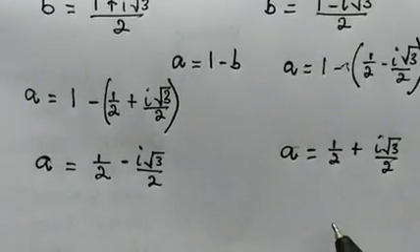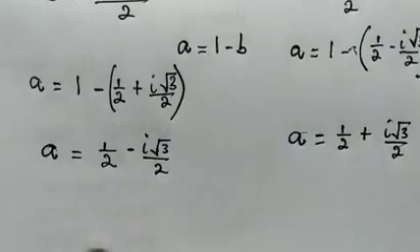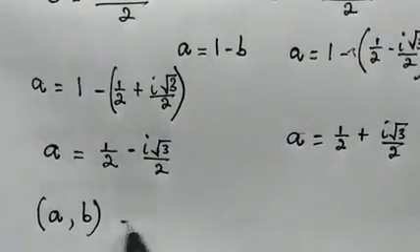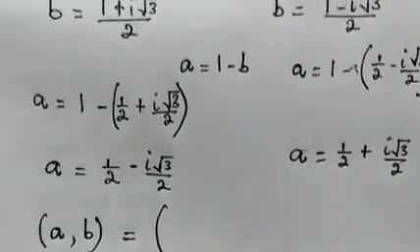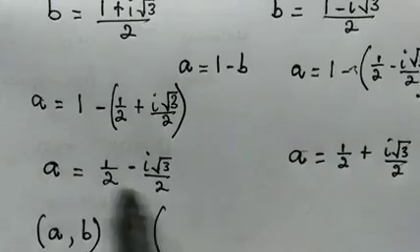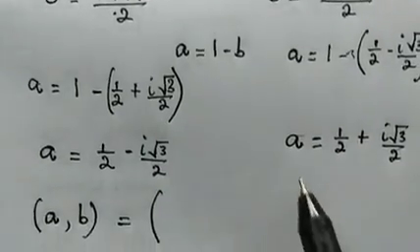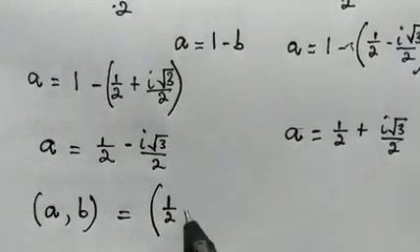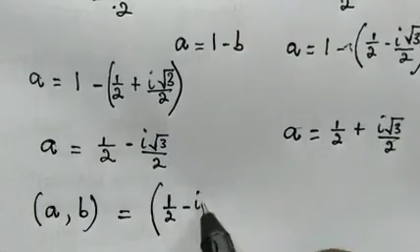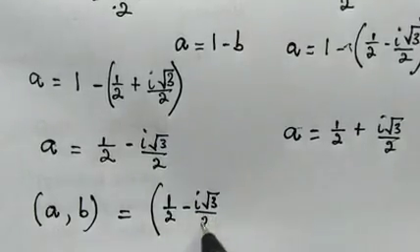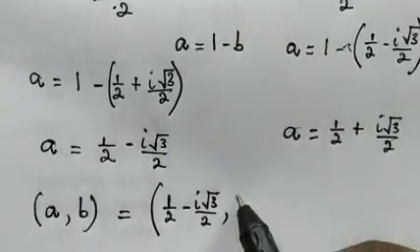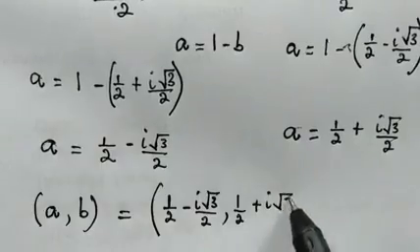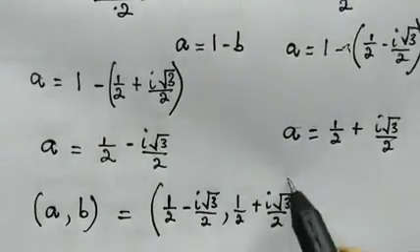So here we come up with the following solutions for a and b. In ordered pair, we get (a, b). This is equal to the first solution set. When a is equal to this, b is equal to the conjugate. So b is equal to 1 over 2 plus iota root of 3 divided by 2.